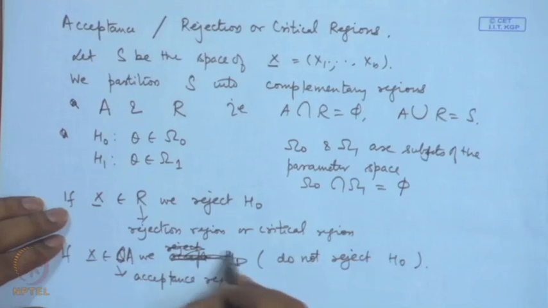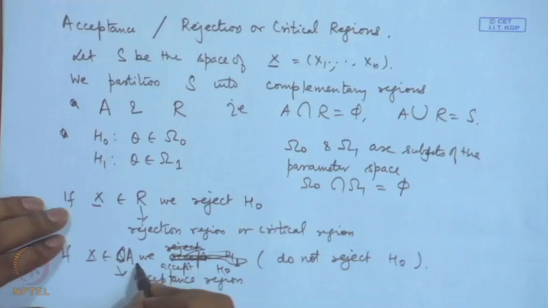I have written it wrongly earlier: we accept H naught. When x belongs to A, we accept H naught or we say do not reject H naught.